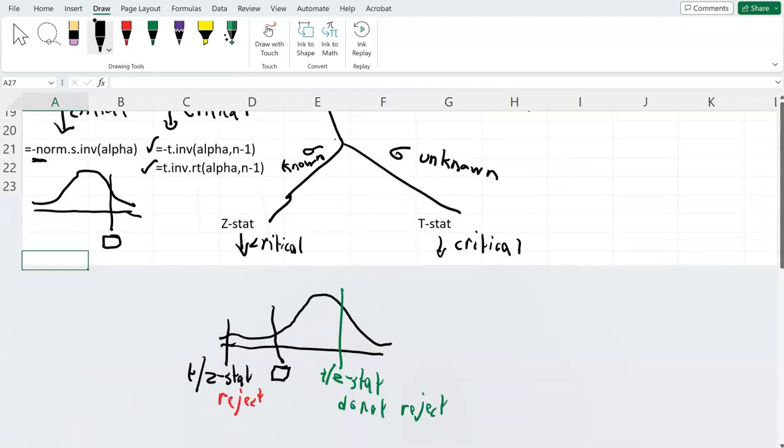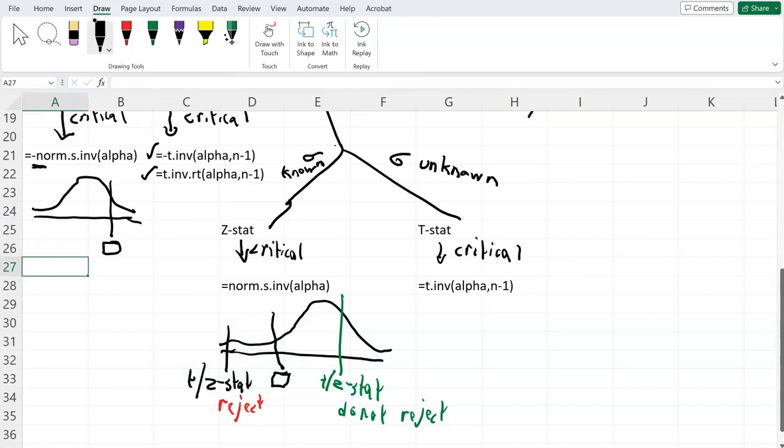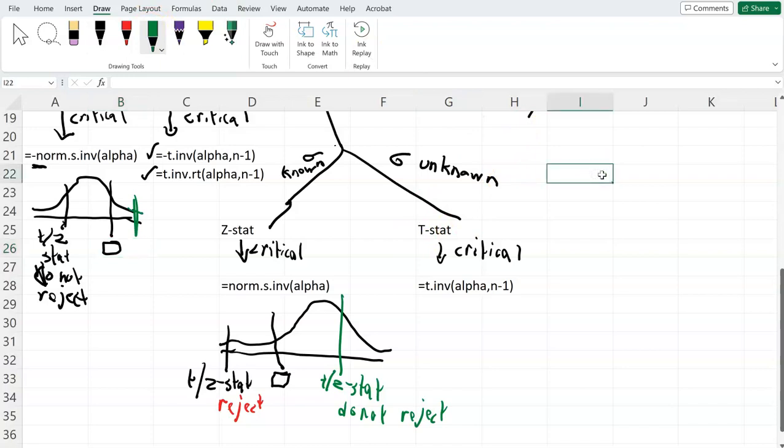Now for the right tail test, if that's my critical value, then if my z-stat or t-stat is on this side, we do not reject. But if it is on this side, if my t or z-stat is here, then we reject.